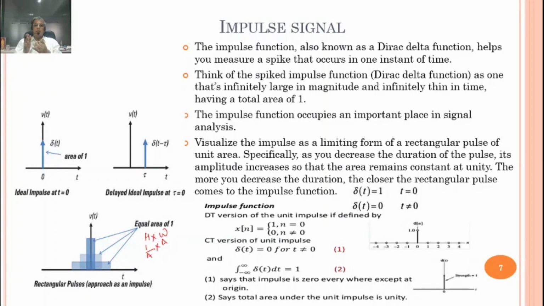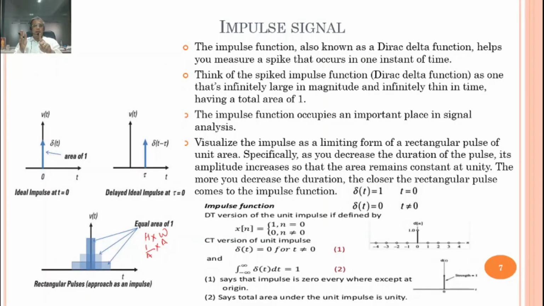That is the instant where the time is very small, infinitely thin in time, or theoretically we will say that time is 0, meaning the amplitude of that signal should be infinitely large, theoretically at infinity, and the area under that curve remains the same, and that area is 1.